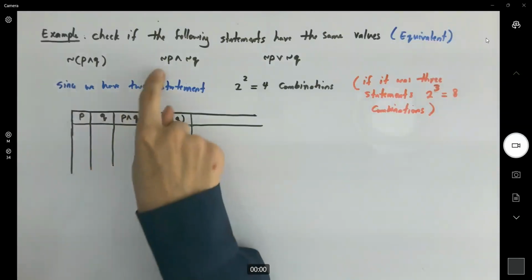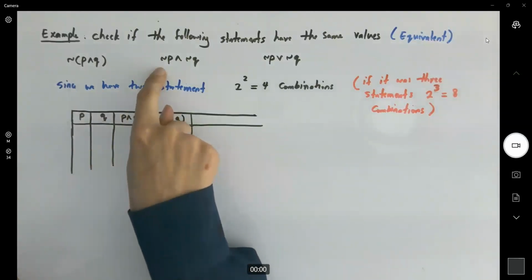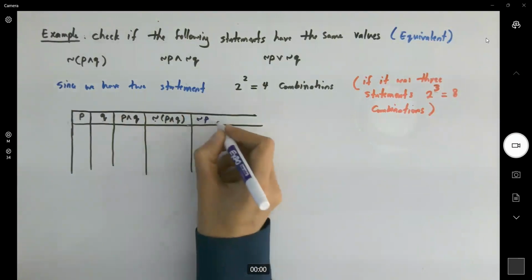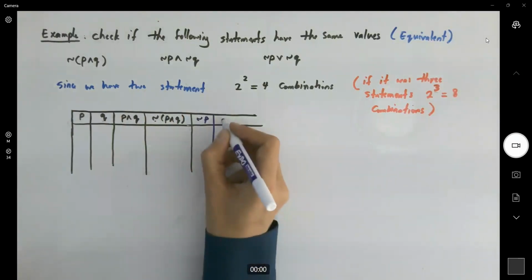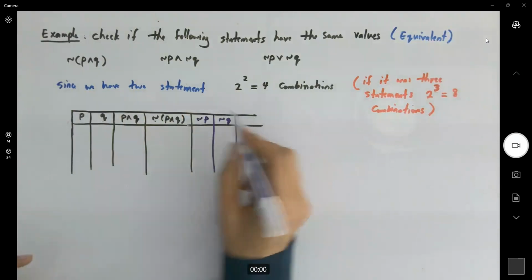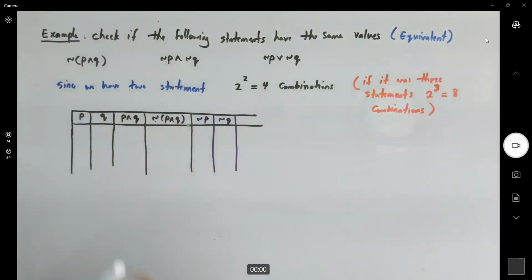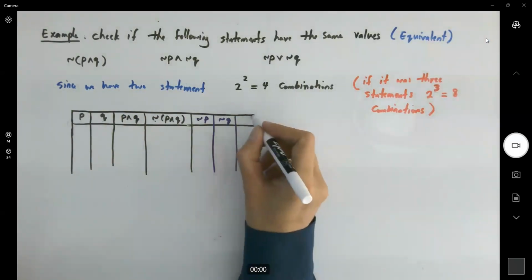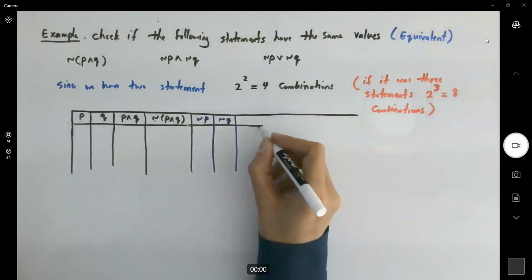Now let us move on to this compound statement. It has not P, not Q, and also it has not P and not Q. So let's just continue this for the last.